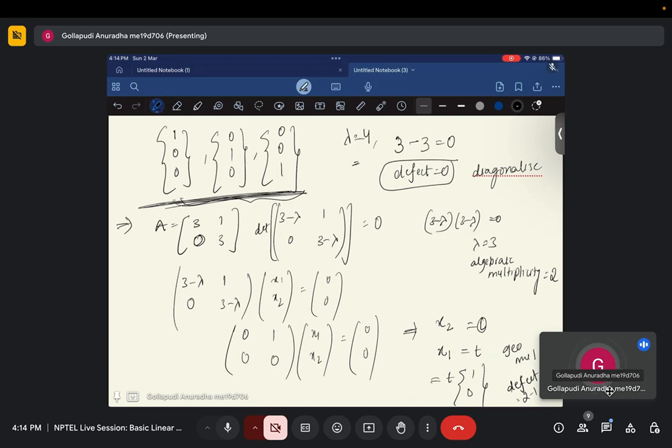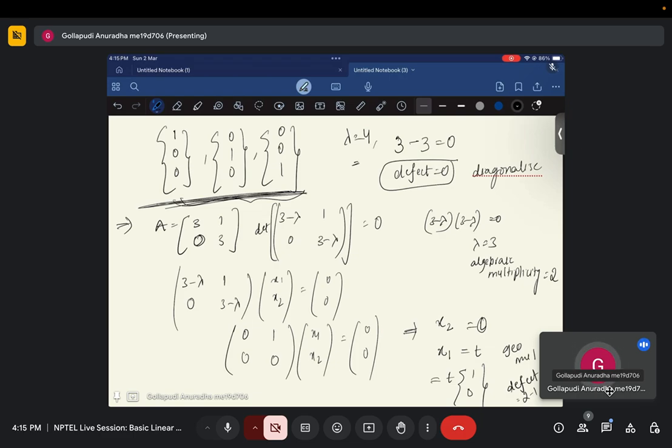Okay, so first of all, let me tell what the geometric multiplicity and algebraic multiplicity are.